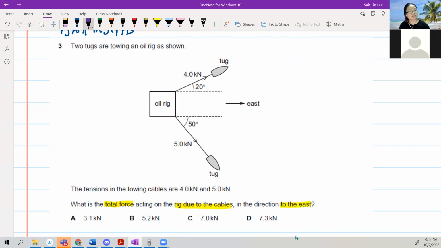East is horizontal. And in case we don't know where east is, they also very helpfully label east for you. All right, I'll give you a few minutes. Can you find the total force acting on the east?